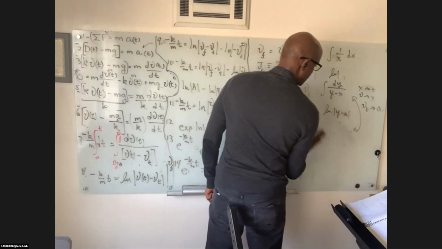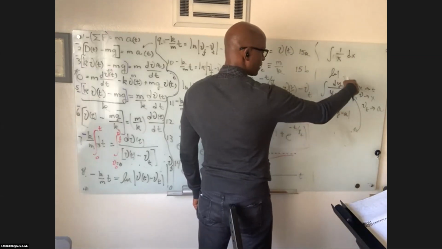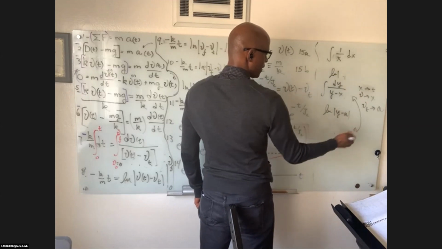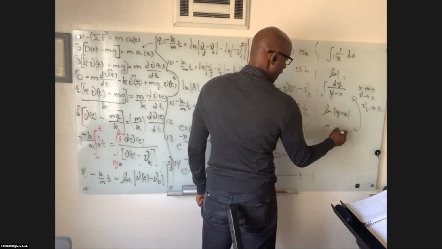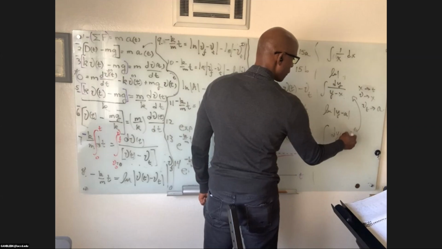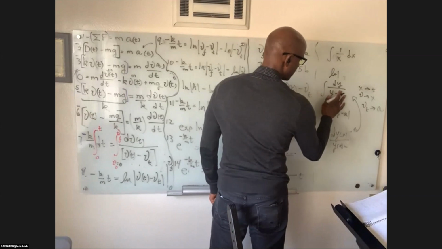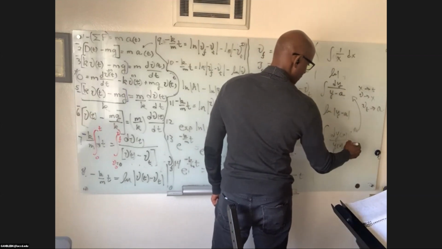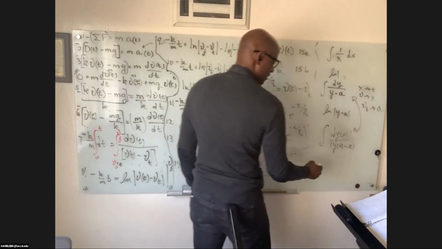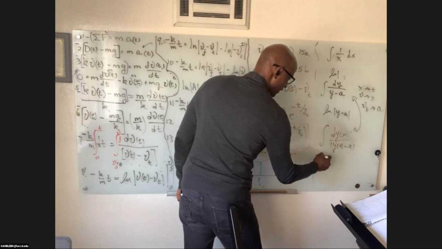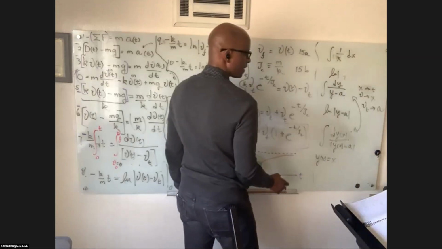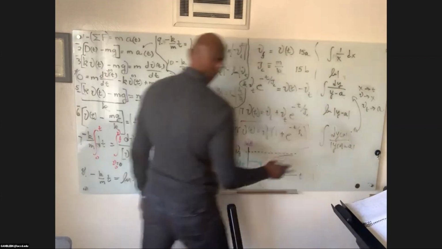But I could make this explicit, the explicit dependence of x, right? It's actually the integral of dy of x over y of x minus some constant a, sorry about that. You know what I mean? y of x equals some function of x. That's all that is. It doesn't have to be there.